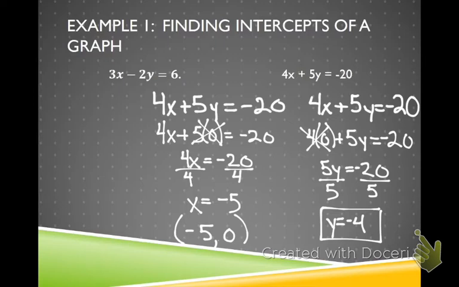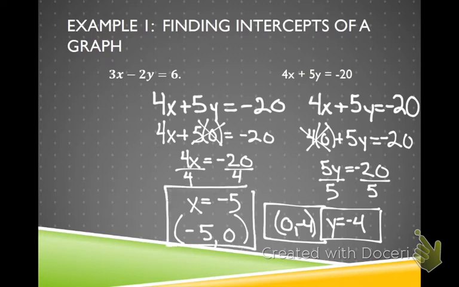Then what's my ordered pair? 0, negative 4. I'll just write it off to the side. Now I have my 2 points that I can graph: (-5, 0) and (0, -4). Now we're going to come over here and do a couple graphs.